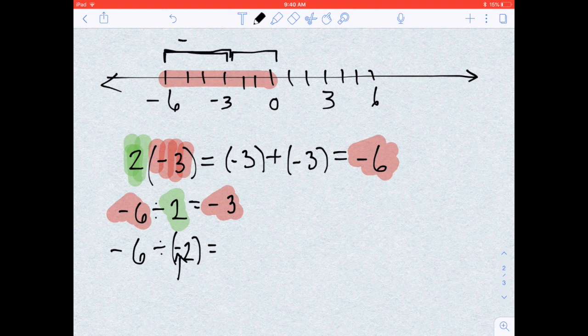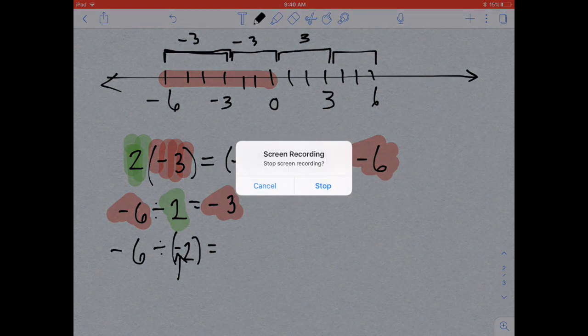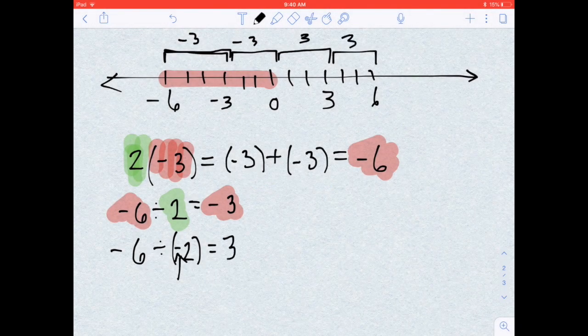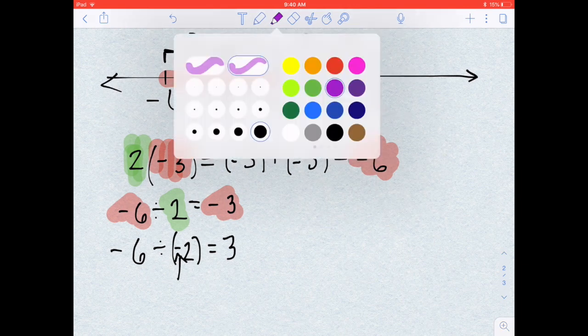If we said that was negative 3 and this was negative 3 before, the opposite of that would be going this way. So it'd be positive, 2 sets of positive 3. So I end up with positive 3.